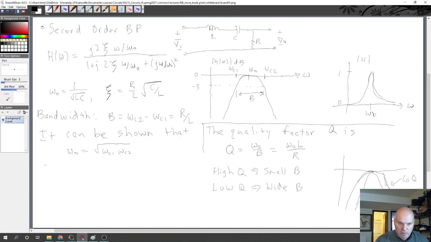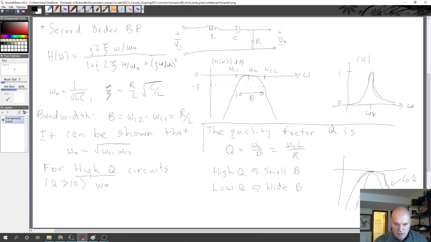It is true for high Q circuits, and some books use the approximation that Q needs to be greater than 5. I think your textbook uses the approximation that as long as Q is greater than 10, we have a high Q circuit.